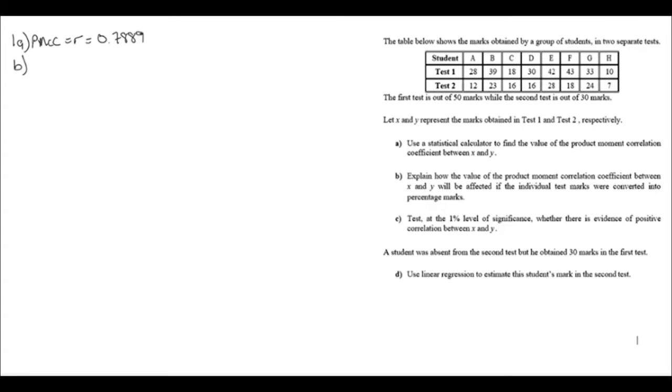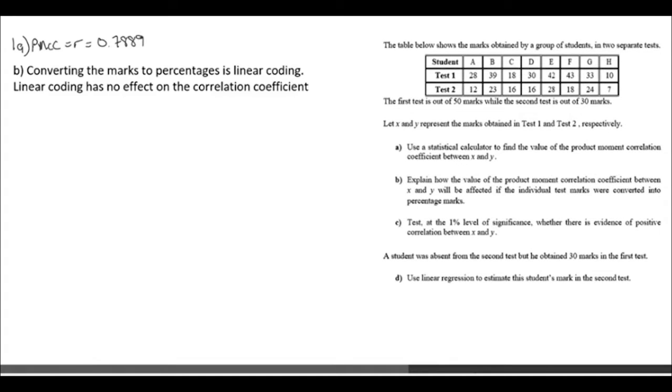Part B of the question asks us to explain how the value of the Pmcc is going to be affected if the individual test marks were converted into percentages. So instead of a score out of 50 and a score out of 30, how would it be affected if they were changed into percentages? Well, doing that is going to be linear coding.